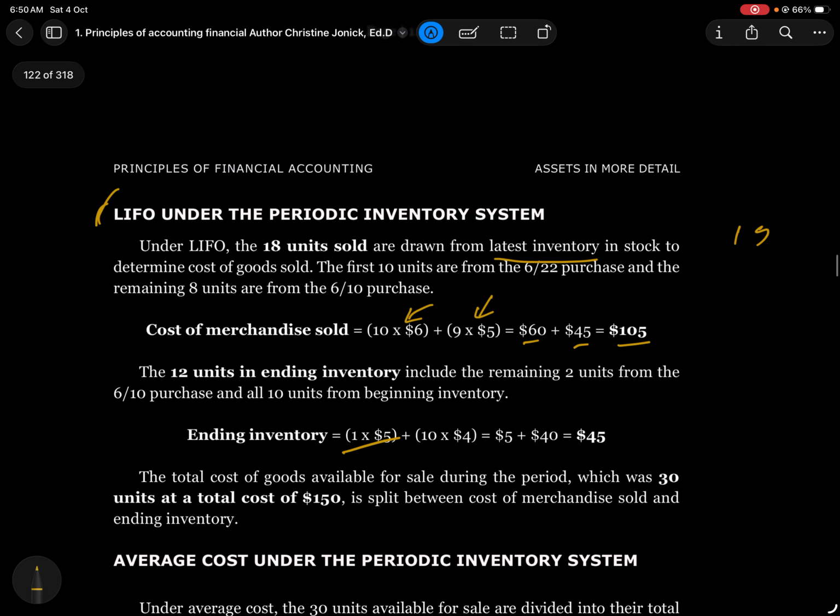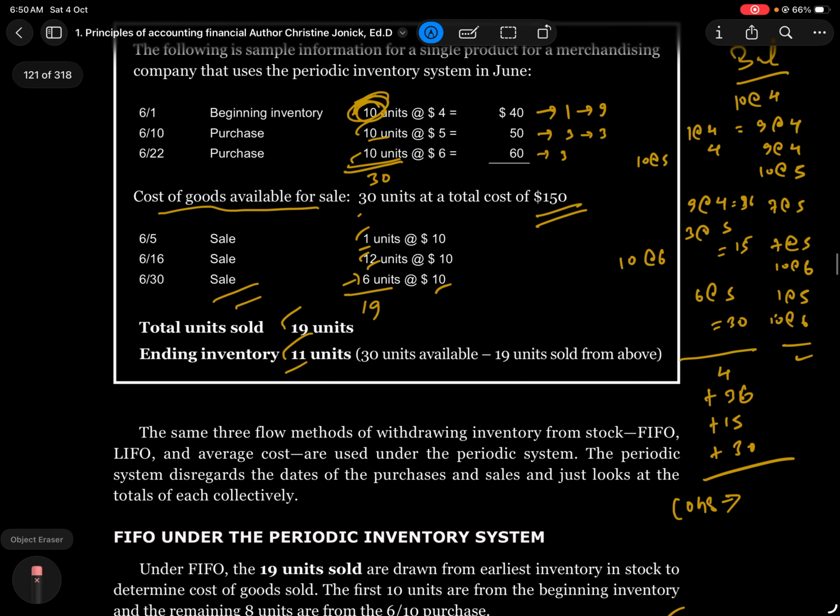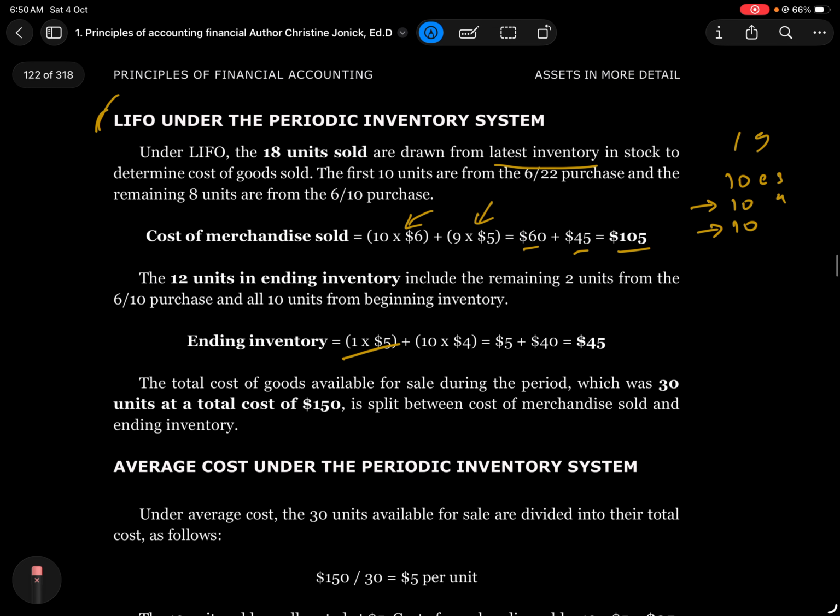So since the purchase was 10, and we sold 19, was 10 enough to satisfy the demand? No, we took from here as well. Let's just look at that 4, 5, 6.